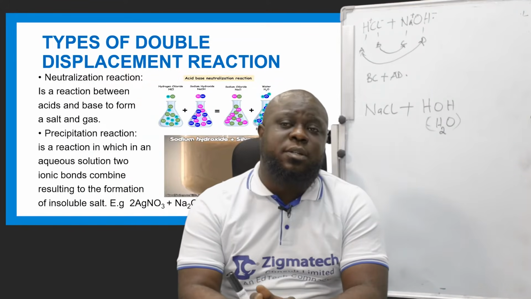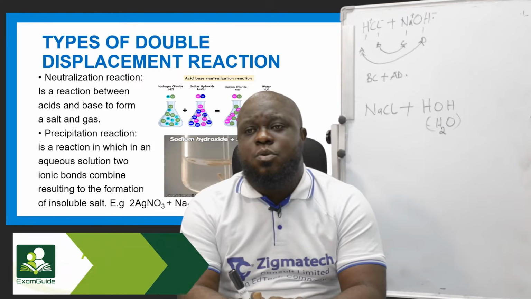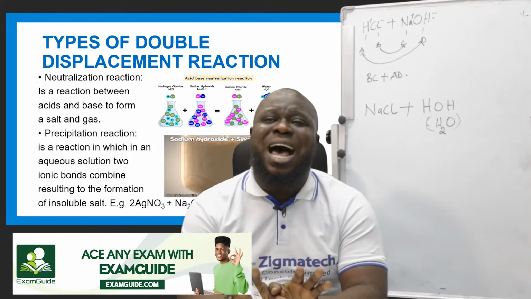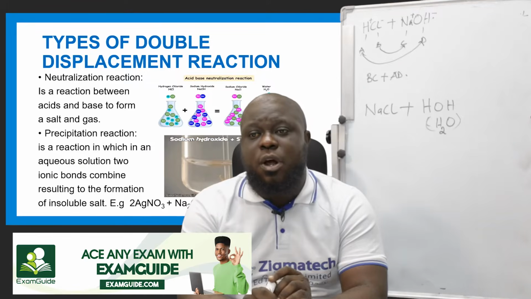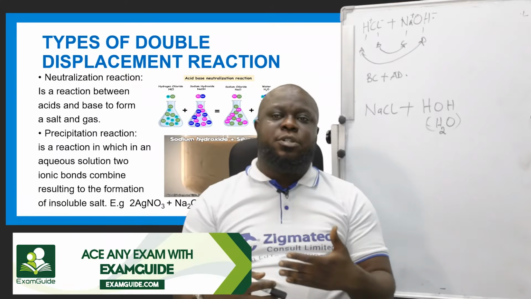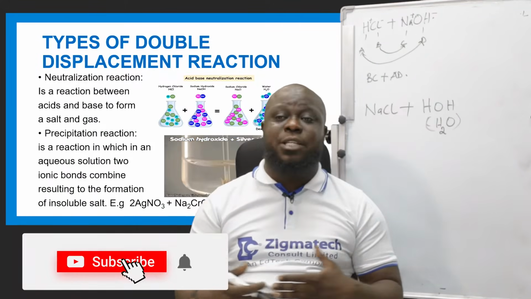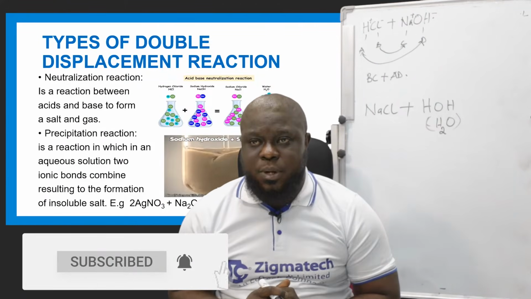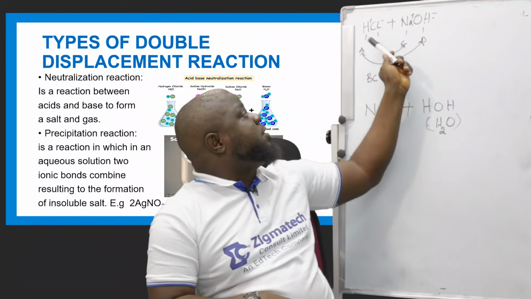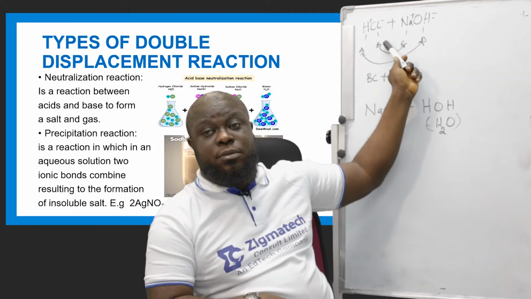So neutralization is a process whereby a base reacts with an acid to produce salt and water. That's neutralization. So neutralization reaction typically talks about when the acid reacts with the base to produce salt and water. That is the same thing we did here in the double displacement reaction.